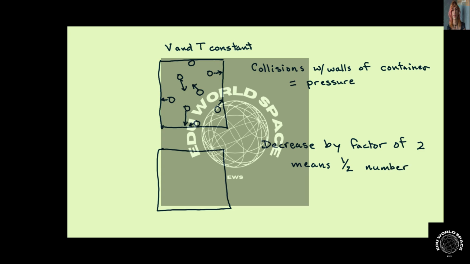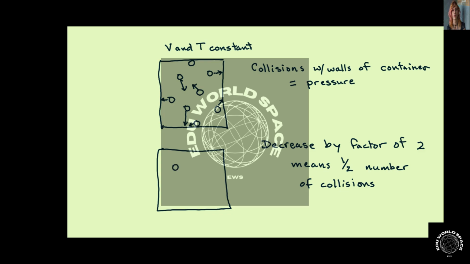And since the particles are moving at the same speed and the container is the same size, the only way we can get half the number of collisions is by having half the number of molecules.